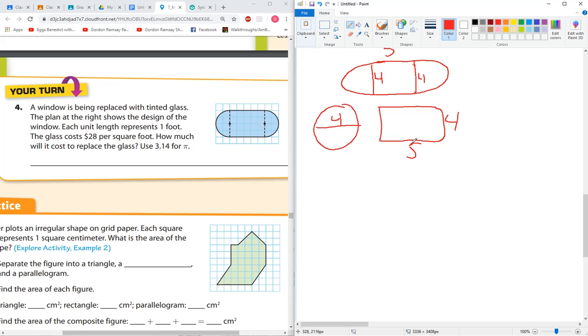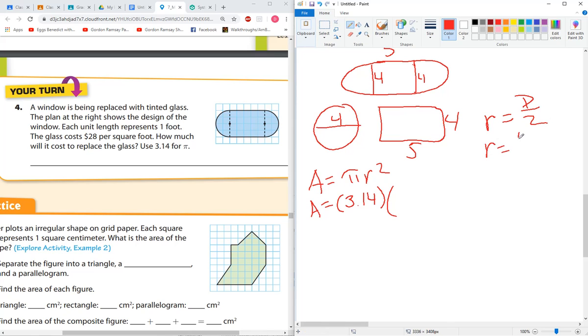Okay? So let's do the circle first. So the area of a circle is equal to pi r squared. And we don't have to divide by 2 because we have the full circle. We have 2 halves. So A is equal to, they said use 3.14 for pi, so that's what I'm going to do. 3.14 times radius squared. We know the diameter is 4. If you remember from the previous problem, your radius is just your diameter cut in half, divided by 2.